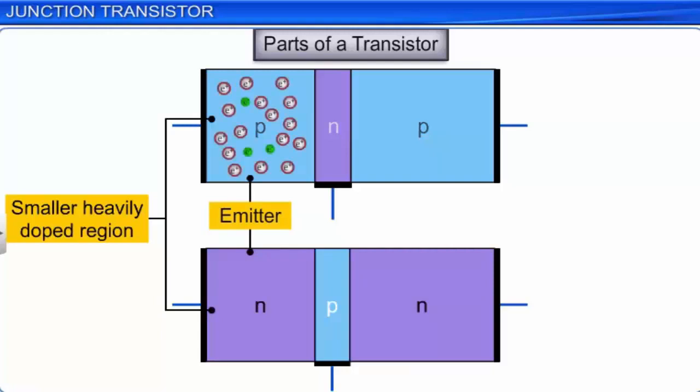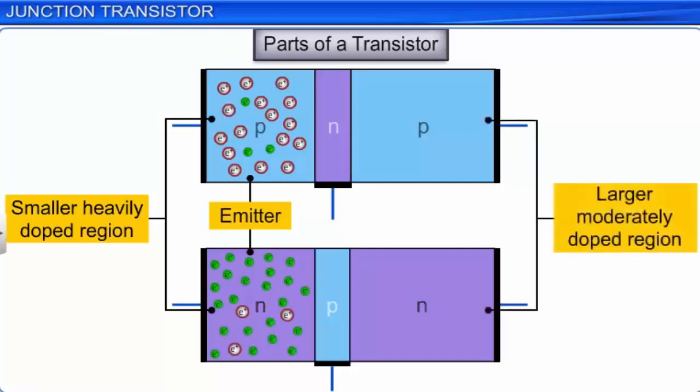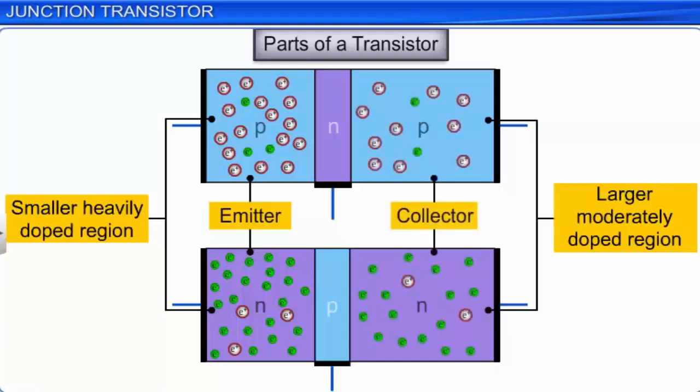The larger, moderately doped region in a PNP or in an NPN transistor is called the collector. The collector collects the major portion of the majority charge carriers provided by the emitter. The thin, lightly doped region that separates the emitter and collector is called the base.